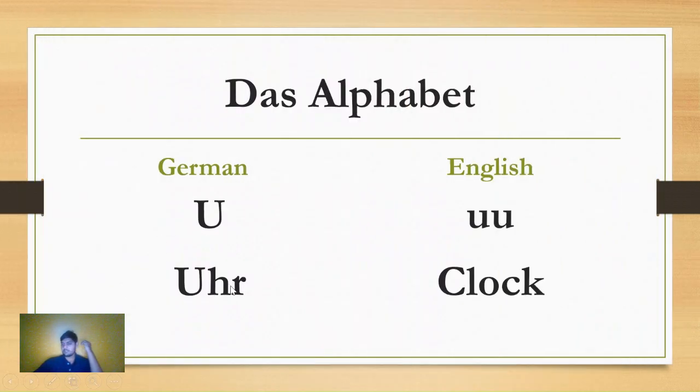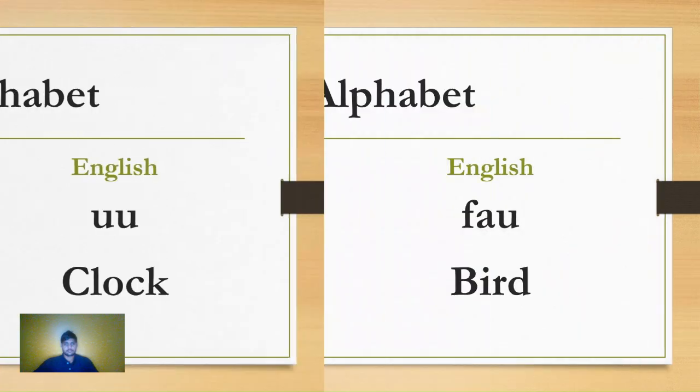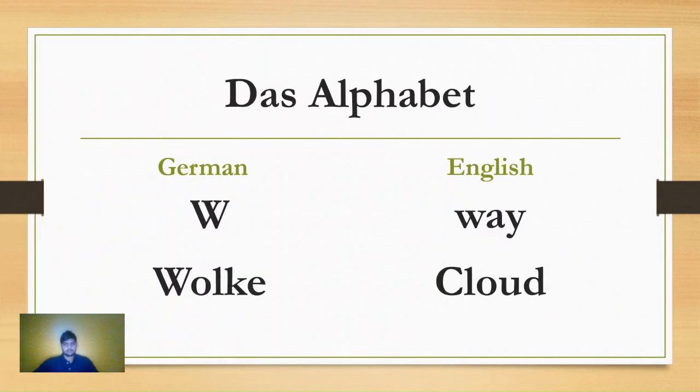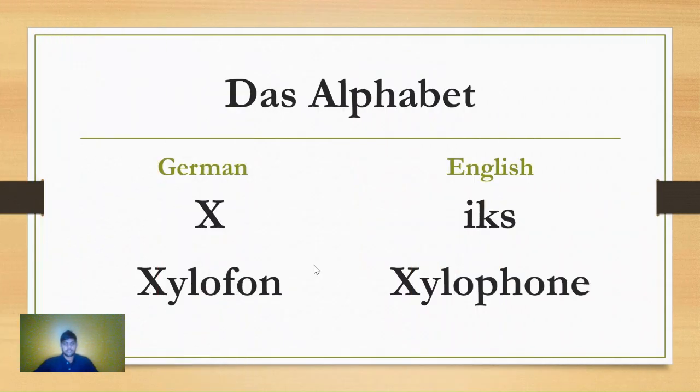U, in English means clock. Vogel. In English, Vogel means bird. We, Wolke. In English, it is cloud. X is here the same. Xylophone.